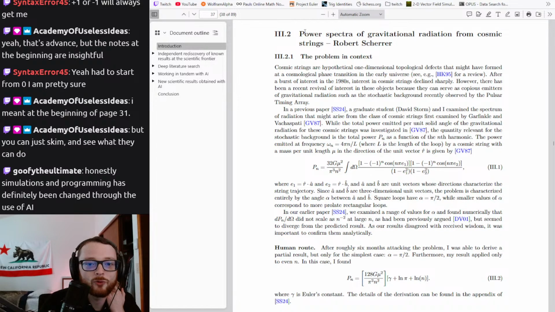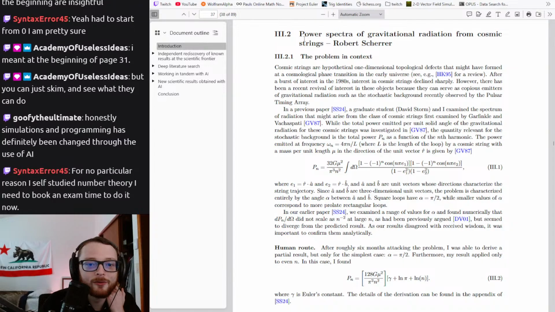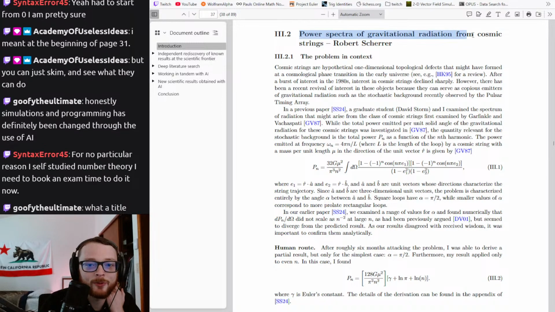Power spectra of gravitational radiation from cosmic strings. That just sounds awesome. I don't know what it means. Well, I know what a power spectrum is, I think. I know what gravitational radiation is. Cosmic strings, I don't know what those are. Oh, well, okay. Just read the first sentence. Hypothetical one-dimensional topological defects that might have formed at a cosmological phase transition in the early universe.